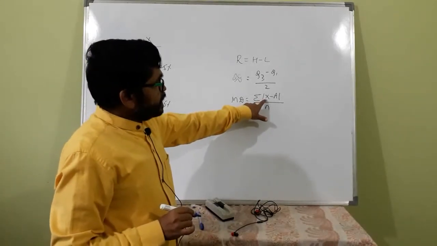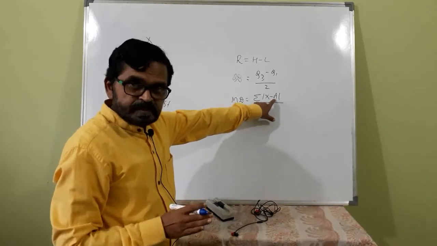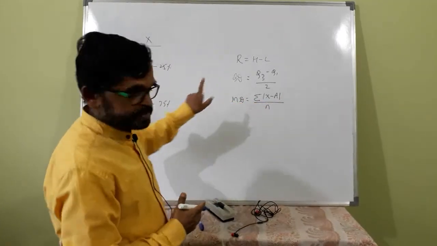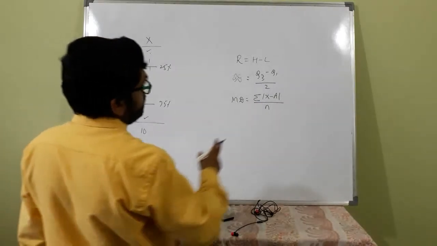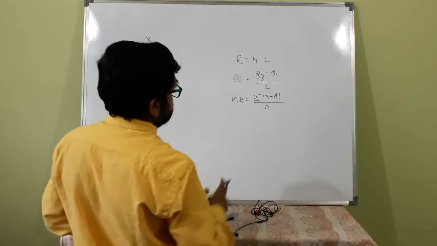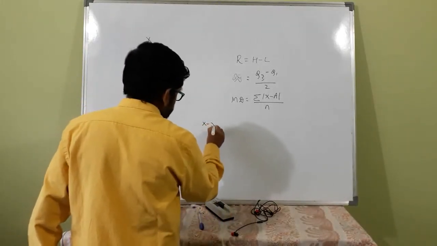See, x minus a, variation means the deviation of the values from the average, isn't it? So x minus a is the deviation. And see what happens if you take x minus x bar.